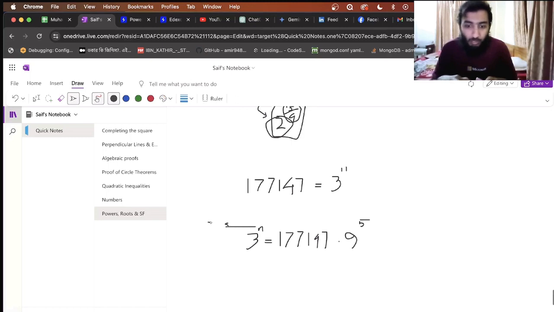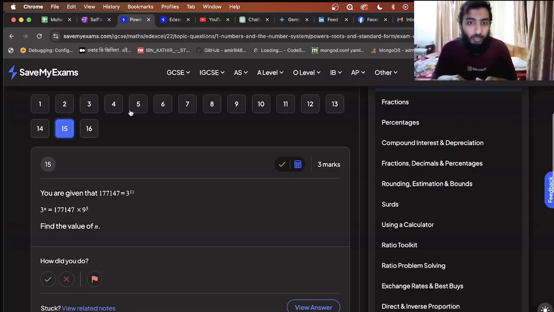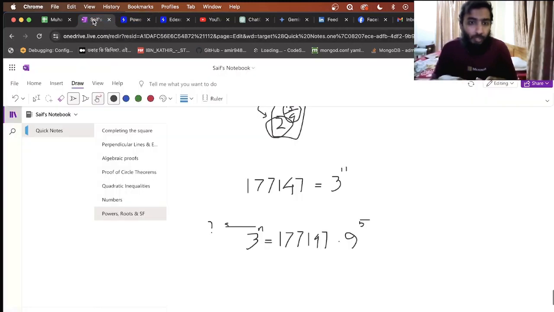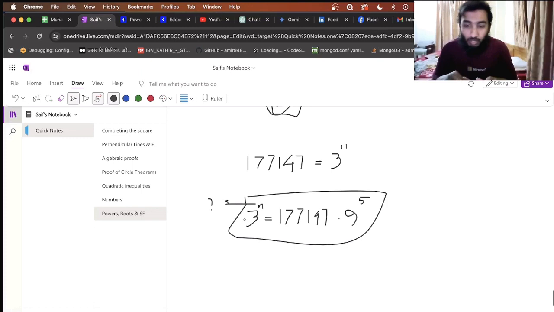We can use this equation to find it. Now, this number, 177147, is given as 3 to the power 11. So we can substitute that: 3 to the power 11 multiplied by 9 to the power 5.